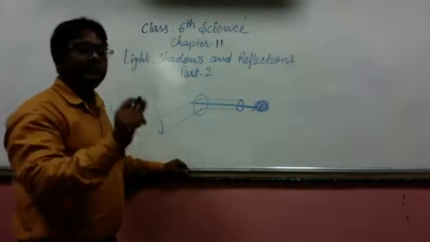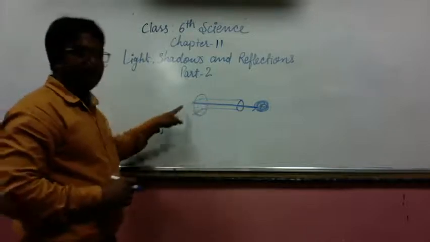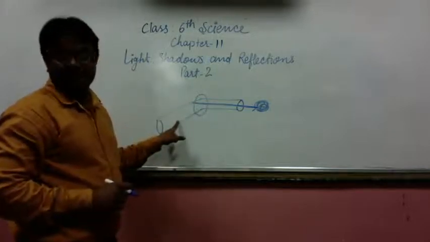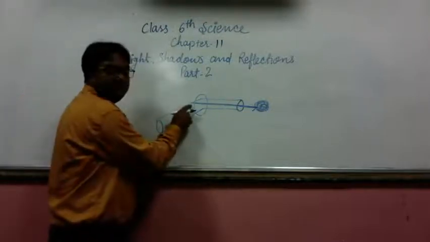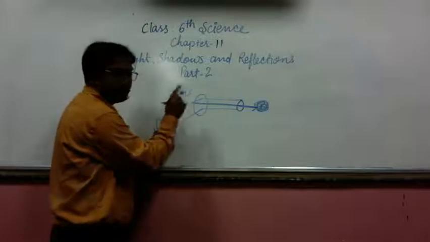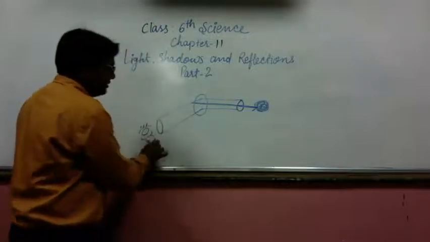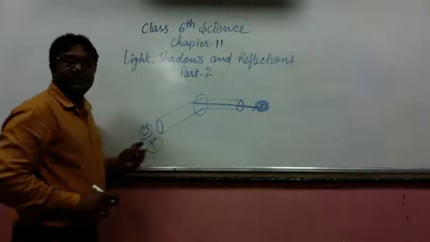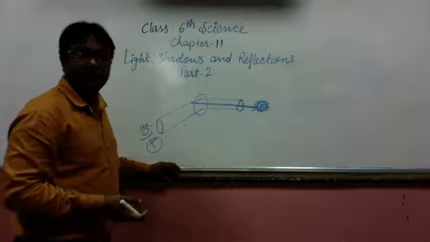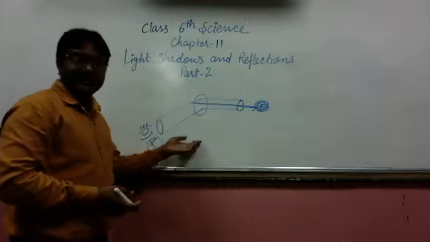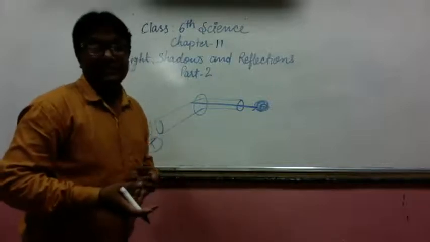Obstacle means it will be stopped, because this pipe is not a straight one. The light which falls here will be stopped here. You are unable to see from this direction the light rays or whatever objects are kept on the other side. So this shows that light always travels in a straight path.